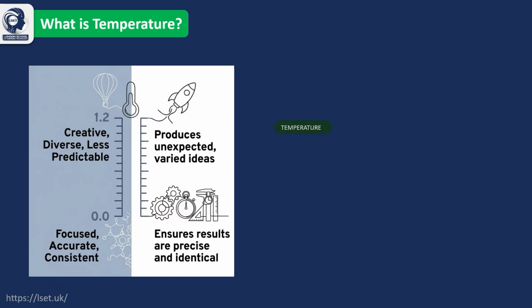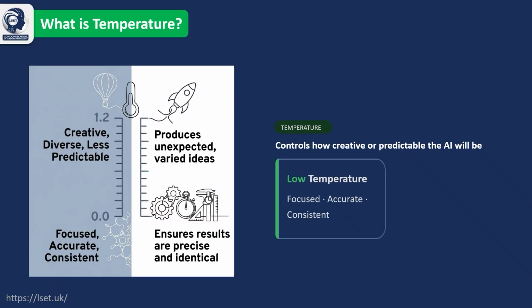Temperature is a parameter that controls how creative or predictable the AI's responses will be. When the temperature is low, the AI prefers the highest probability words, producing responses that are focused, accurate, and consistent. This makes it ideal for tasks such as coding, technical documentation, and answering factual questions.